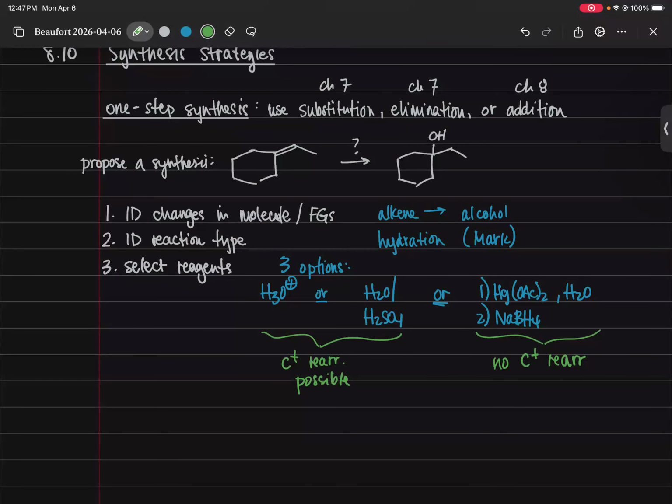So, based on the reaction going from the starting material to the products, well, we make a carbocation. Do we have to worry about it rearranging?